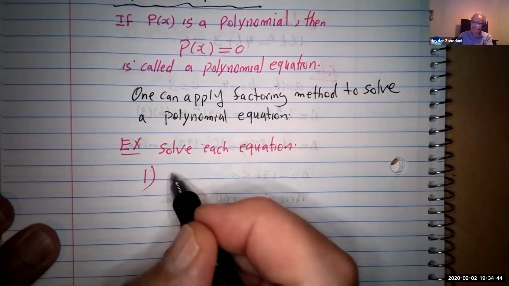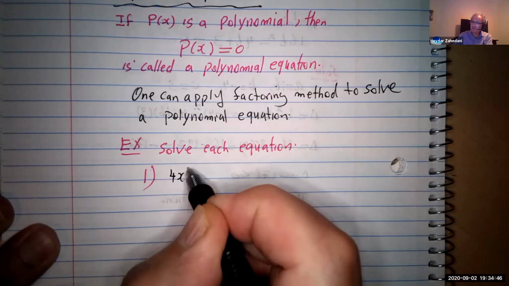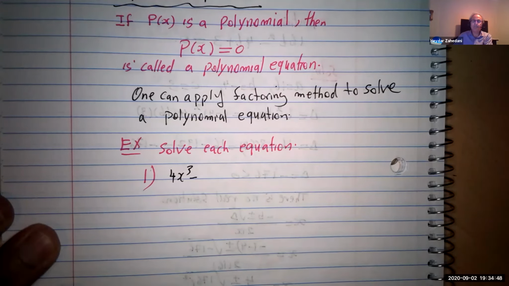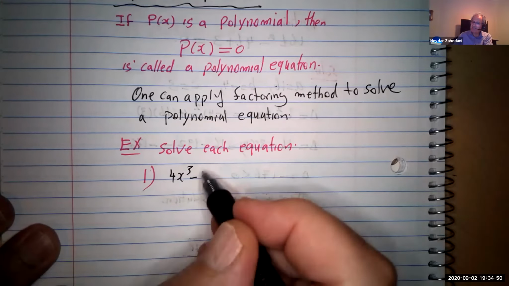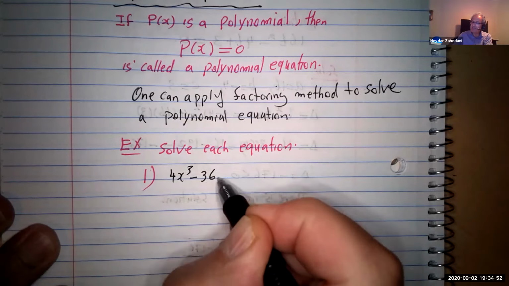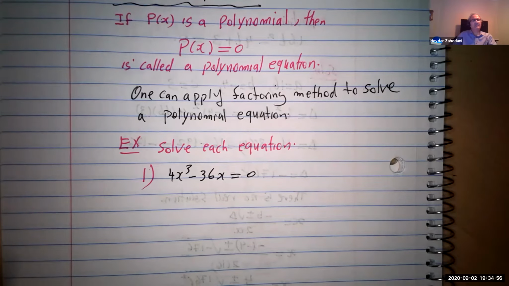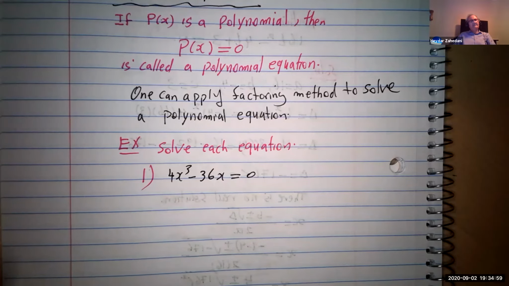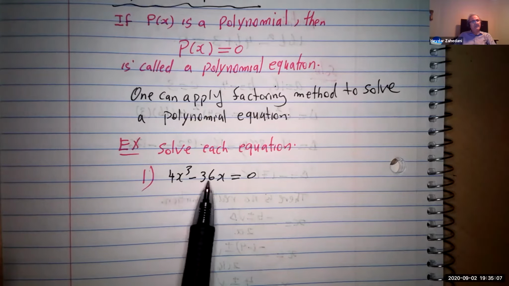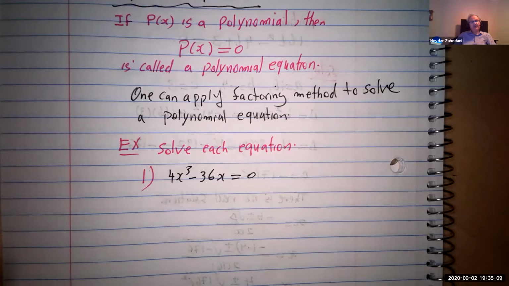The equation is 4x cubed minus 36x equal to 0. It's a very famous equation for that course. This is a polynomial equation because of the x cubed that you see over here. As soon as you see the x cubed, you try to factor it.